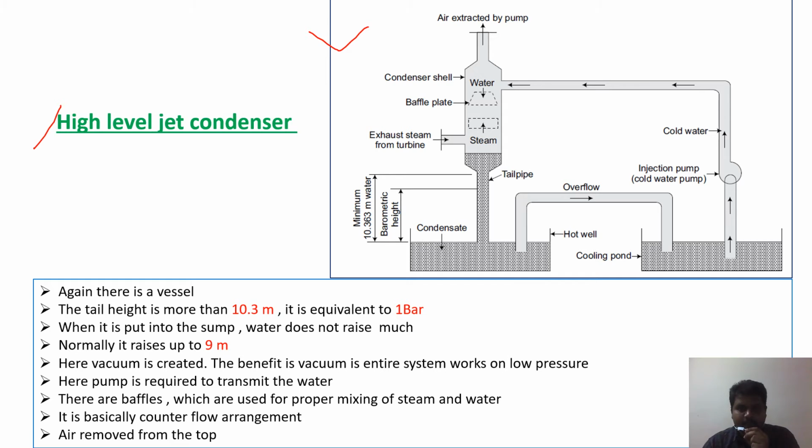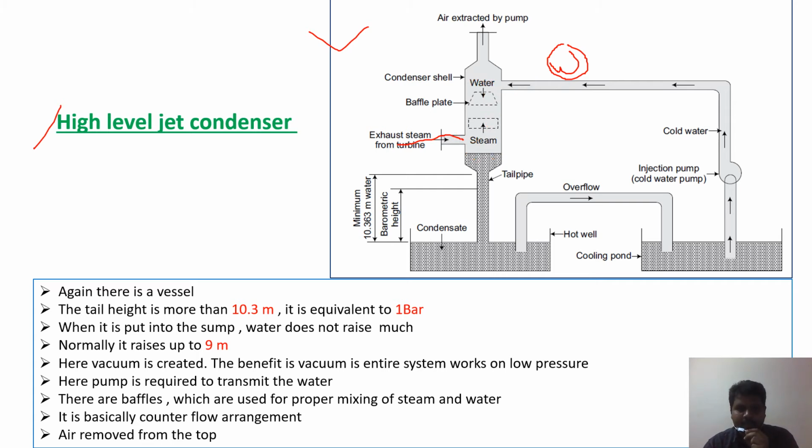Here you can see steam enters into the vessel from the bottom and moves upward, and water enters into the vessel from the top and moves downwards. So both are moving in opposite directions. Actually it is a counter flow type.